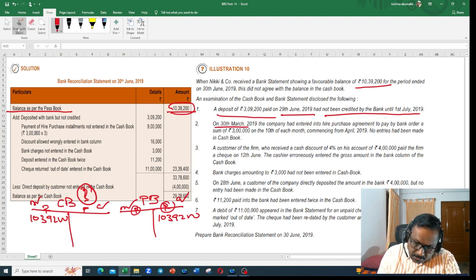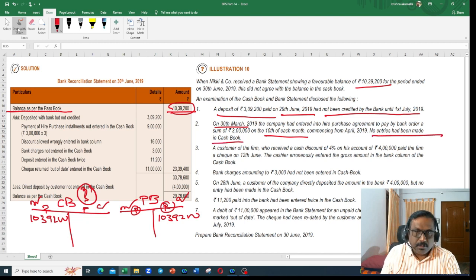On 30th March 2019, the company had entered into a hire purchase agreement to pay by bank order a sum of 3 lakhs on the 10th of each month commencing from April 2019. No entries had been made in the cash book. See here, the company had entered the hire purchase agreement to pay by bank order 3 lakhs every month, on the 10th of every month.